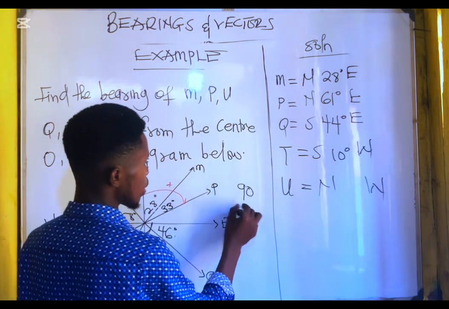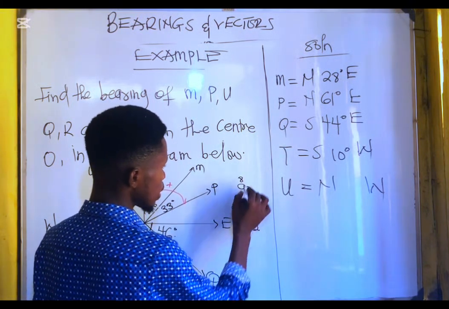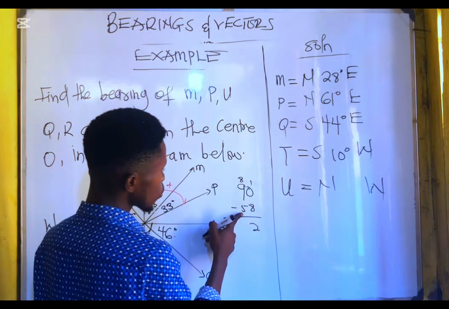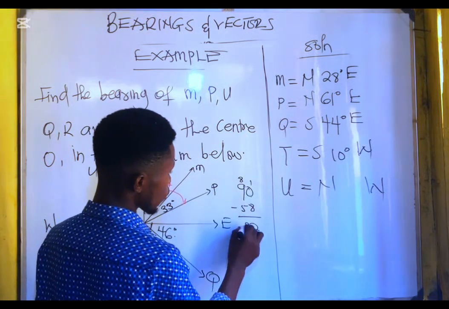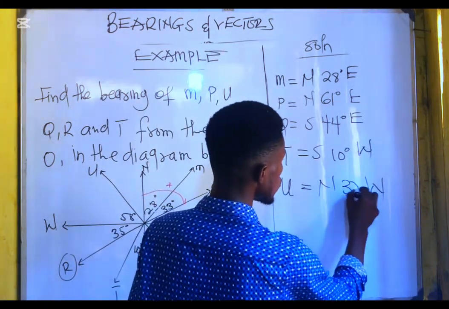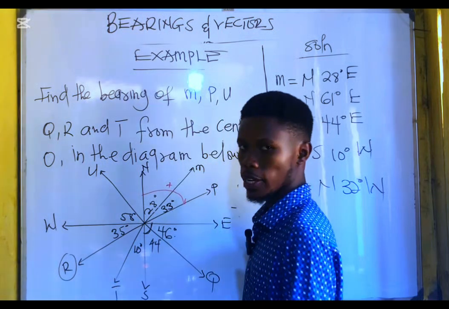So 90 minus 58, here will be 2, here left with 8. So if this side is left with 8, we subtract 5 from 8, we have 3. So this side will be 32 degrees. So please do the R and tell me your answer.